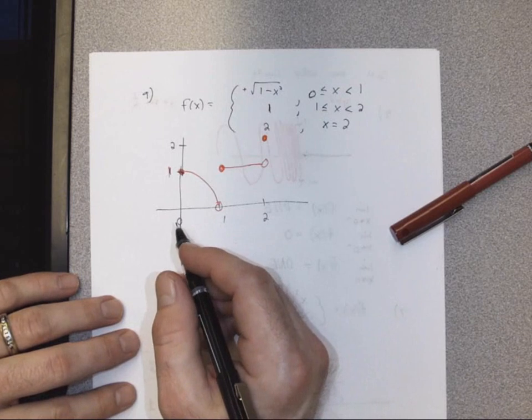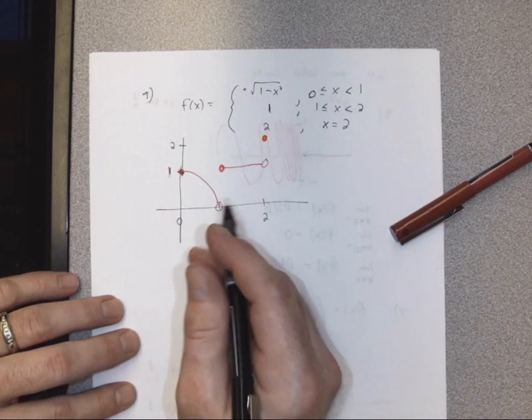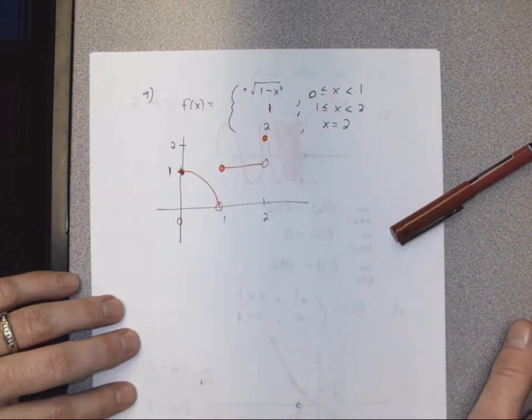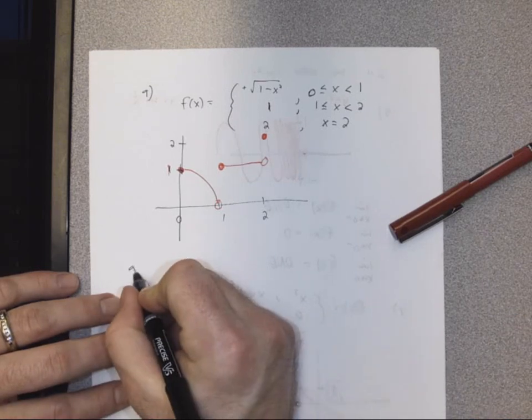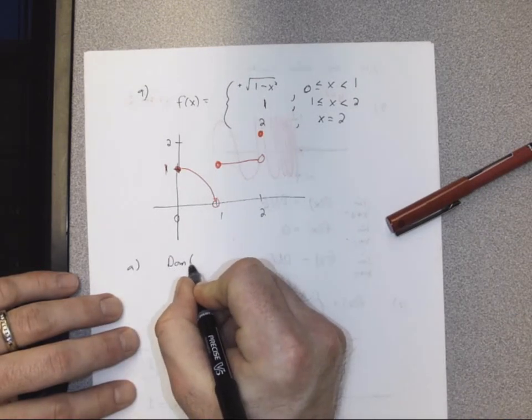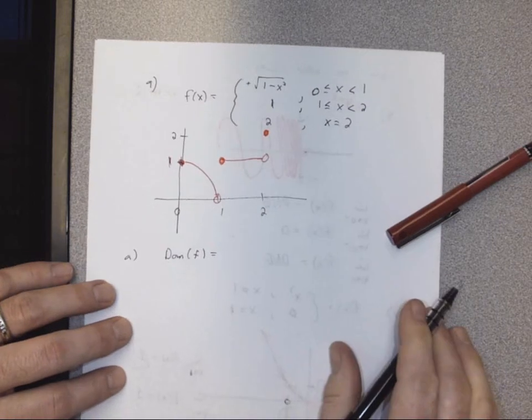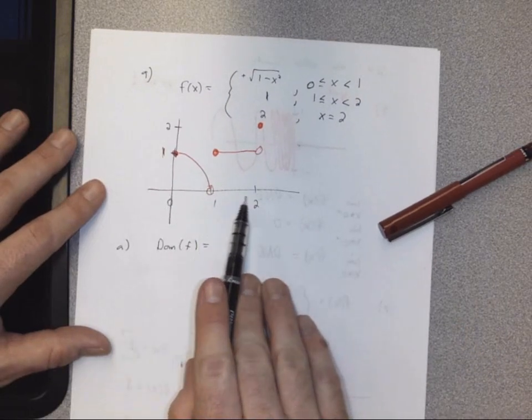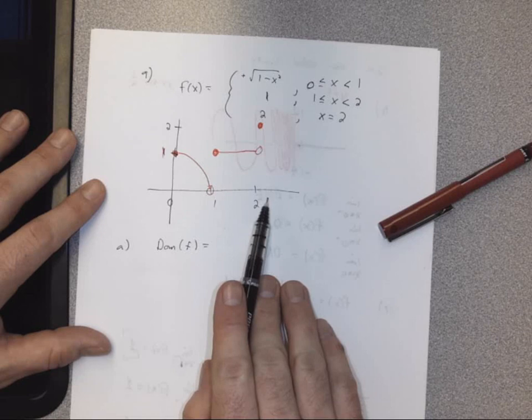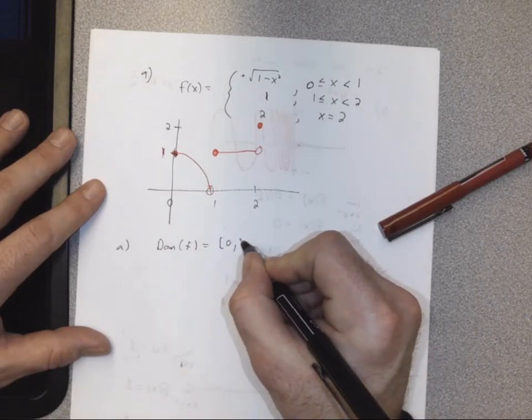So they want to know all the points. What's the domain and the range of the function? What's the domain of f? You guys agree the domain of f is everywhere from 0 to 2? Okay, so this is going to go closed 0 to closed 2.